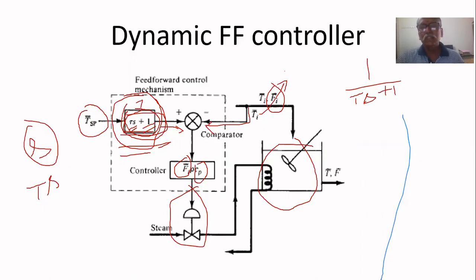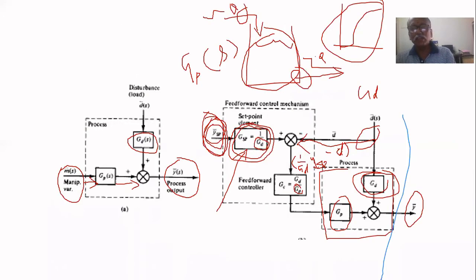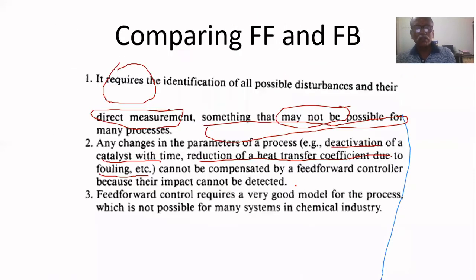If this changes, definitely the controller performance will degrade. Another thing is if rho, the density, changes, or the heat transfer coefficient or CP changes. If any change happens in these parameters of the process, the feed-forward controller fails. The performance may be degraded, and the feed-forward cannot compensate for it.